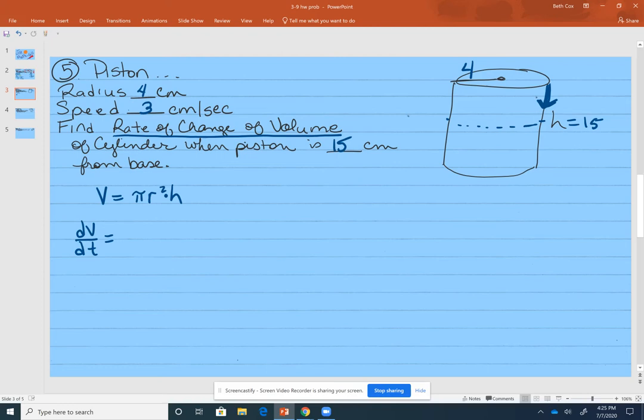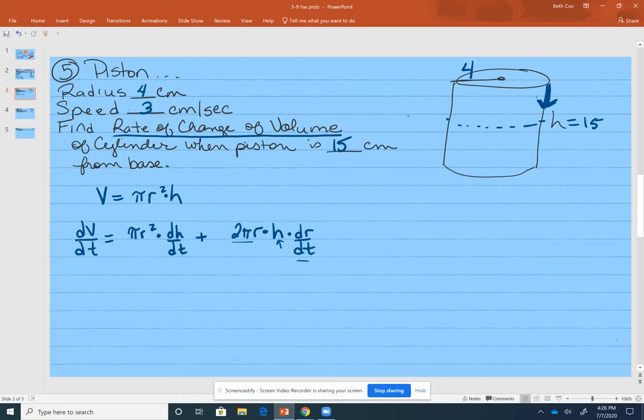So if you remember, the product rule is the first times the derivative of the second plus the second times the derivative of the first. Now the derivative of the first, pi r squared, is 2 pi r and then dr dt. So using the product rule, the first times the derivative of the second plus the second times the derivative of the first.